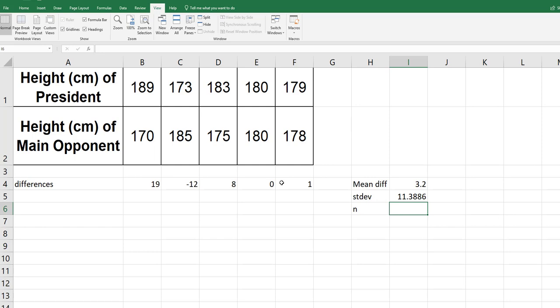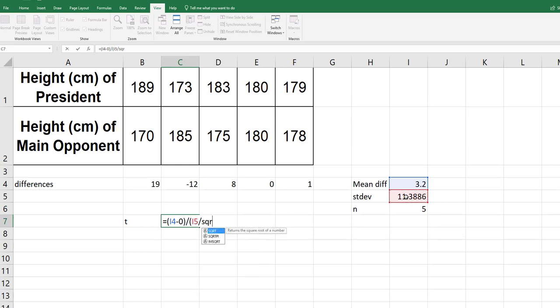And then my sample size was 5. So I could manually find my test statistic by taking the mean difference minus, there is no difference in the null, open parentheses, the standard deviation over the square root of the sample size.